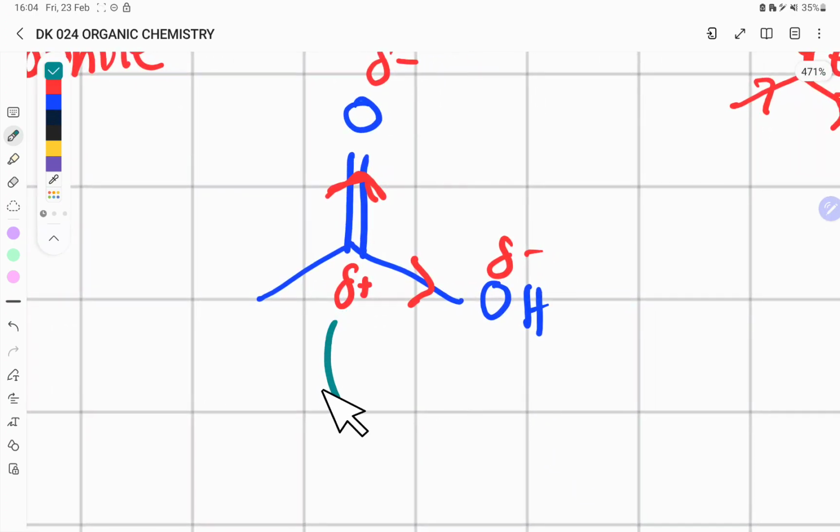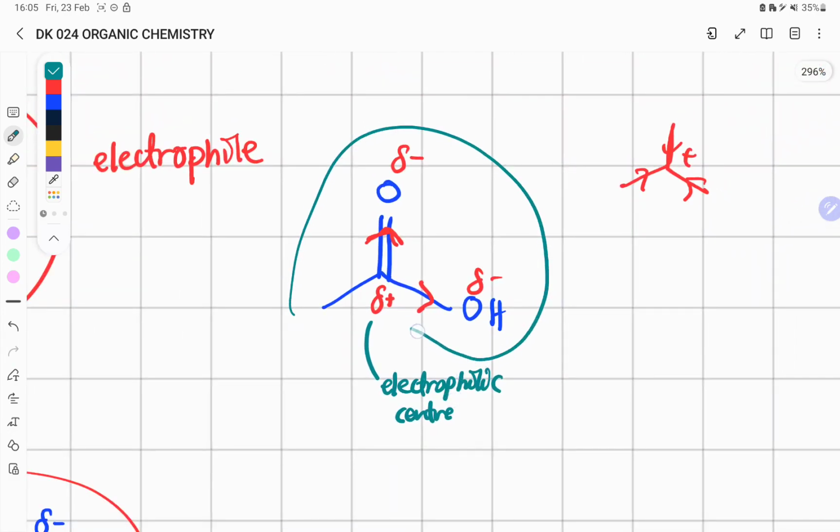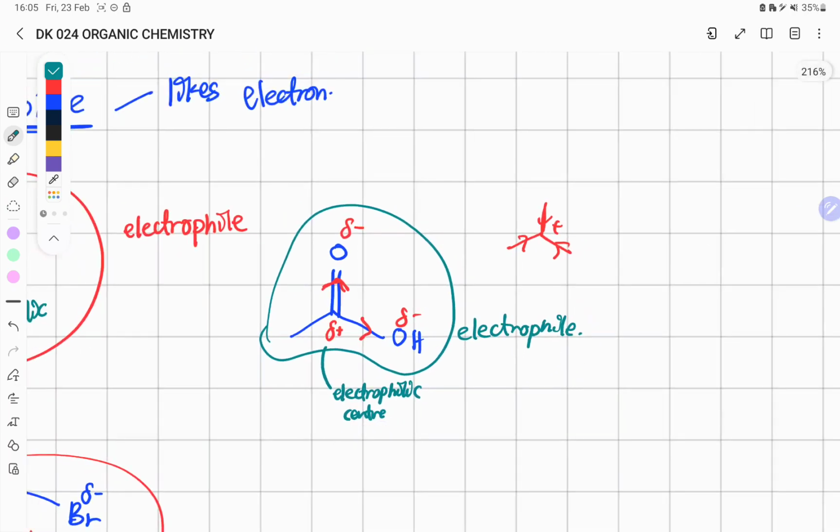Therefore, here is electrophile ke electrophilic center? Electrophilic center. Okay? And this whole thing adalah sejenis apa kalau ada electrophilic center? Electrophile. Okay? Electrophile.